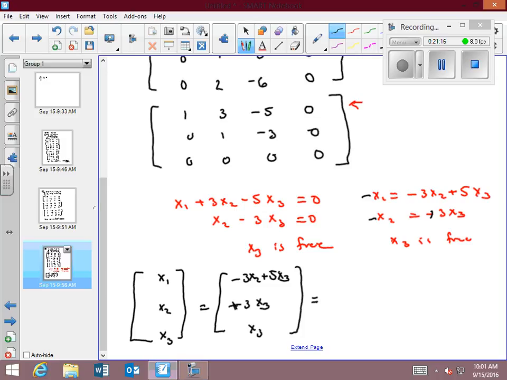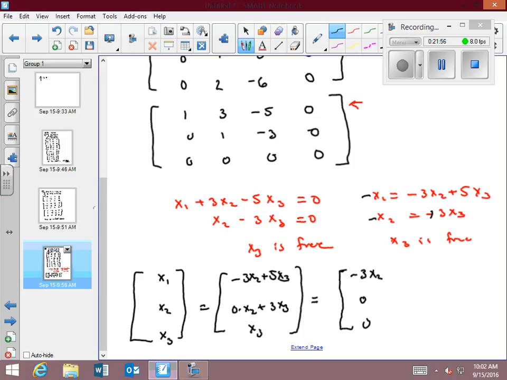So, I'm going to put all the x2s together, and there's only one x2, minus 3x2, 0, 0. See, there's 0 times x2 plus 3x3.